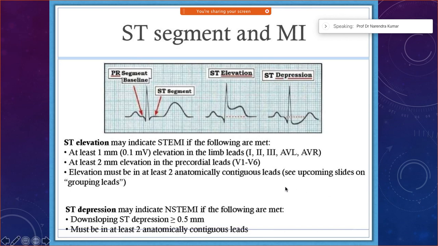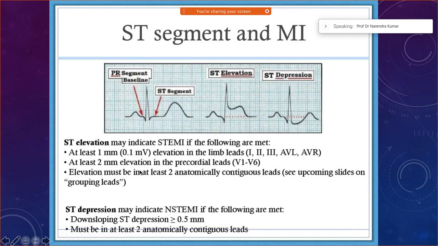Then comes the ST depression. How do you identify it? There are down-sloping changes in the ST segment, and to call it non-ST elevation MI, at least half a millimeter is important.